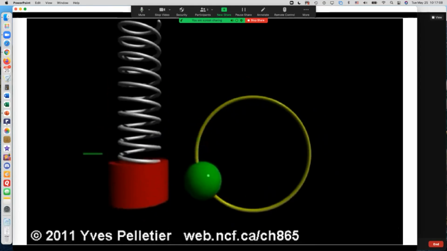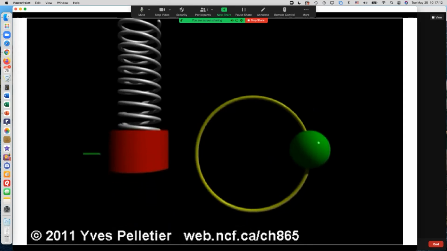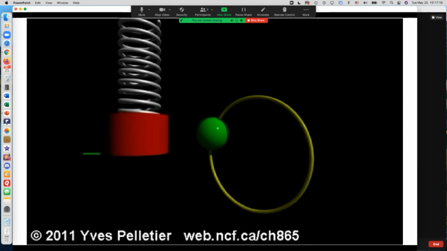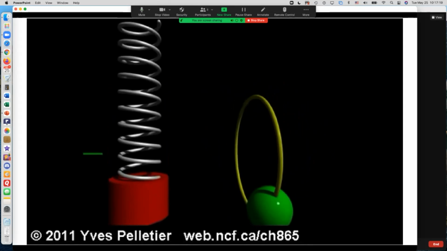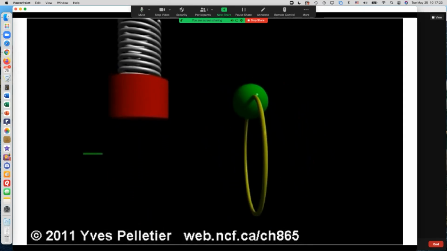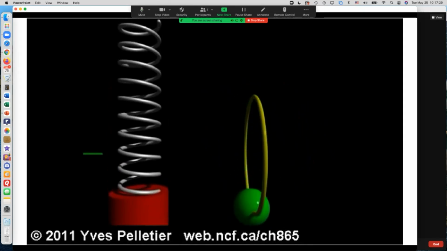Right, notice how going around in the circle, its vertical height is keeping track with the spring, right? Now we rotate it. You can still see it's moving in a circle, but it definitely looks much more like the motion of the spring now, right?